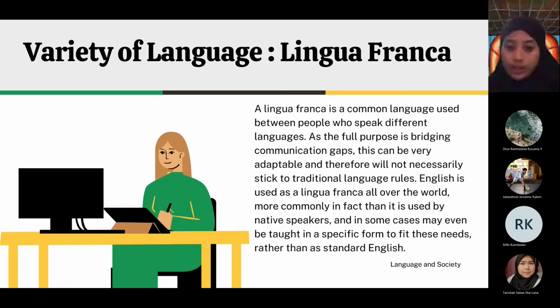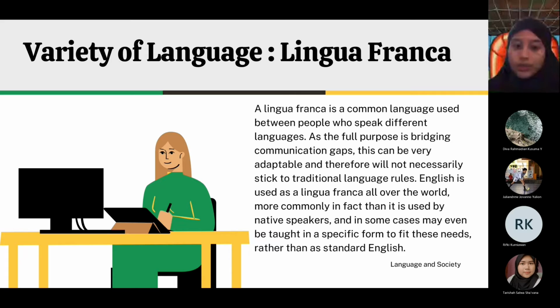Variety of language, lingua franca. A lingua franca is a common language used between people who speak different languages, as the full purpose is bridging communication gaps. This can be very adaptable and therefore will not necessarily stick to traditional language rules.